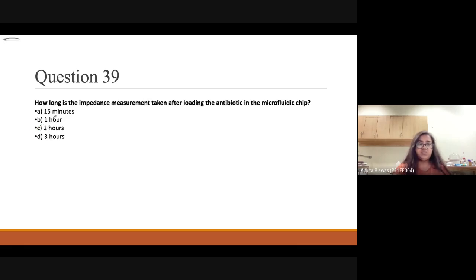Okay. So next, moving to question number 39. How long is the impedance measurement taken after loading the antibiotic in the microfluidic chip?